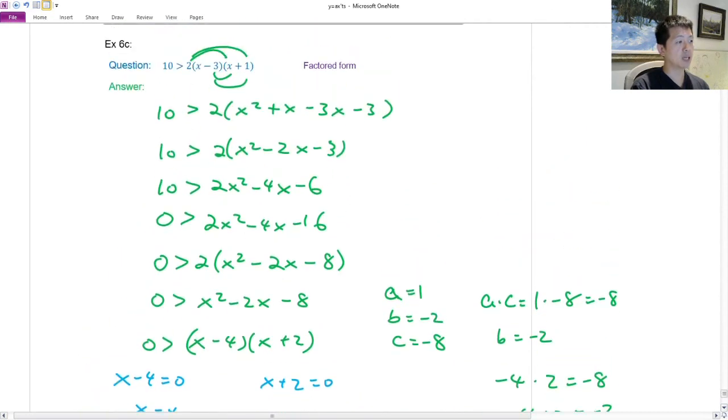I always make the thing equal to 0, and my new function is on the side that doesn't have the 0. That's my new function. Some teachers would ask you to stick with the original function and find the inequality.